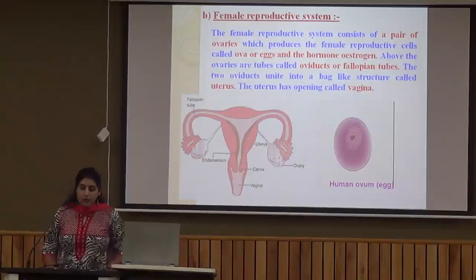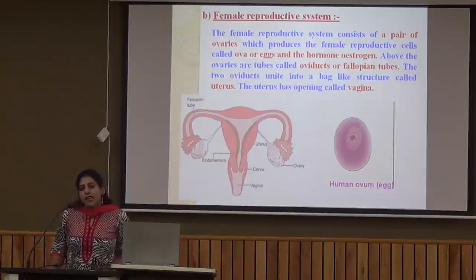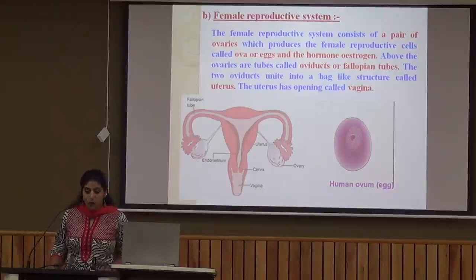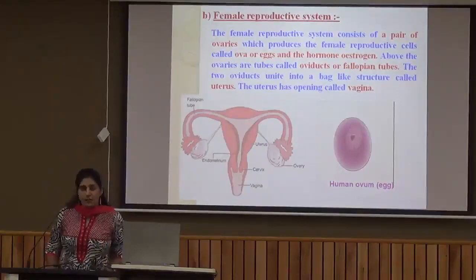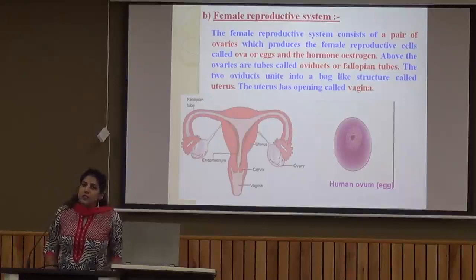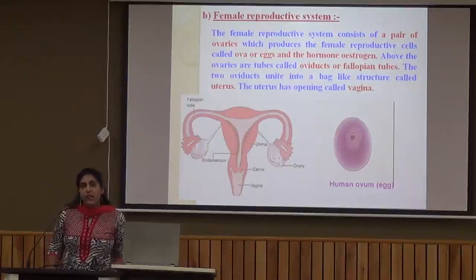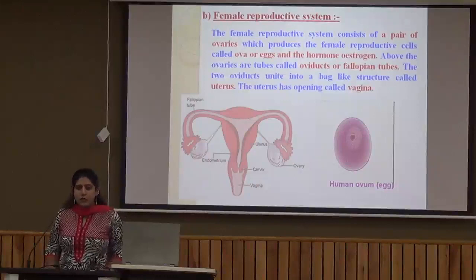Now how it takes place: the ovary is responsible for the secretion of the hormone estrogen. This hormone is responsible for the regulation of various changes which take place in a female body, just like the changes which take place in a male body with the help of testosterone.